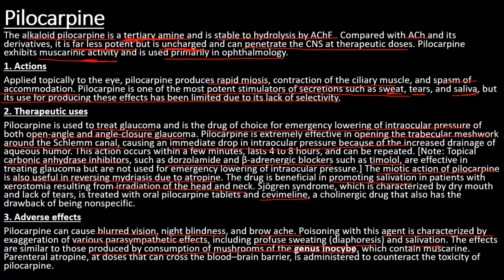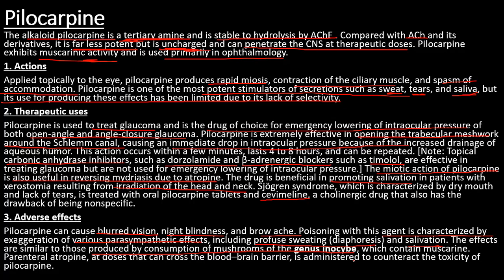Okay, so a patient comes and tells you he or she got some wild mushrooms, cooked them, then ate them, then comes to the hospital and presents with miosis, profuse sweating, salivation, urinary urgency, diarrhea. You will suspect that these mushrooms are from the genus Inocybe, and they contain muscarine, and this will produce this effect.